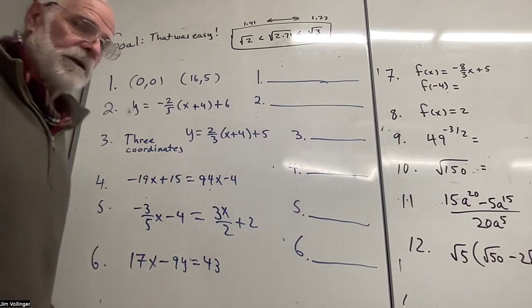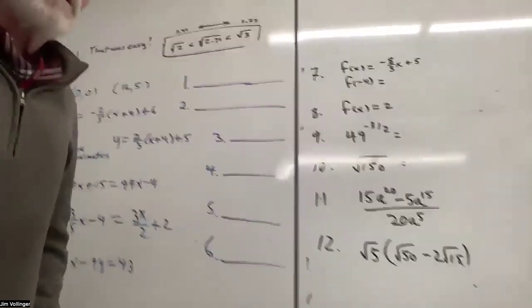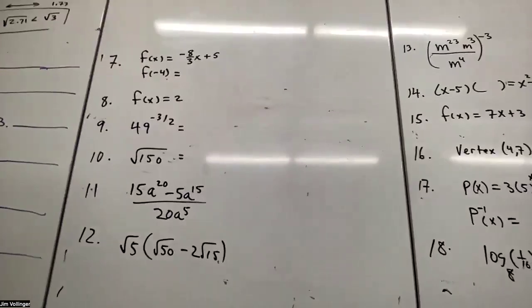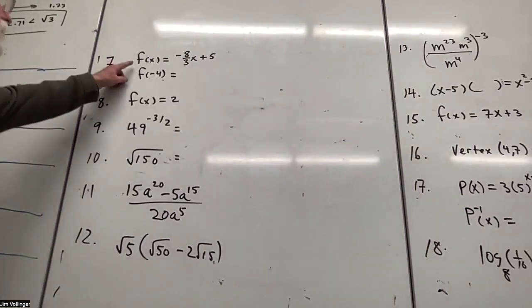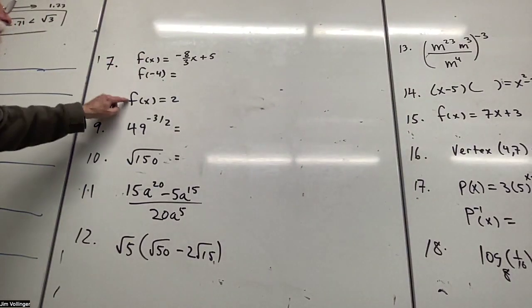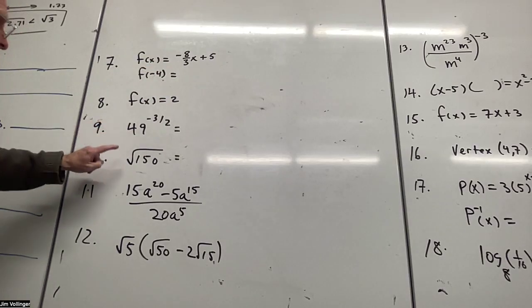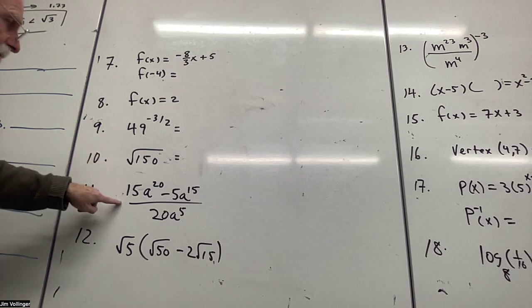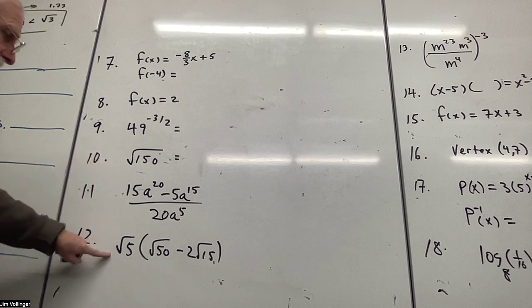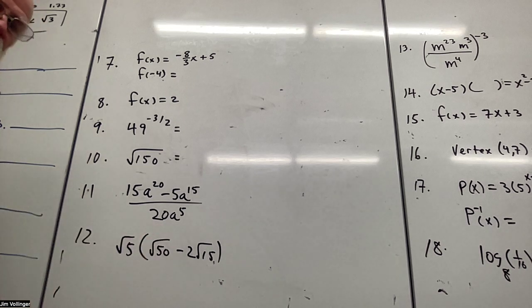So perpendicular to that, I should have put some directions on that one. So you've got a function, evaluate f of minus 4, find out when f of x equals 2. Computation, rewrite as a simplification, perform the indicated operations, and simplify this, multiply it out, and see what you get.